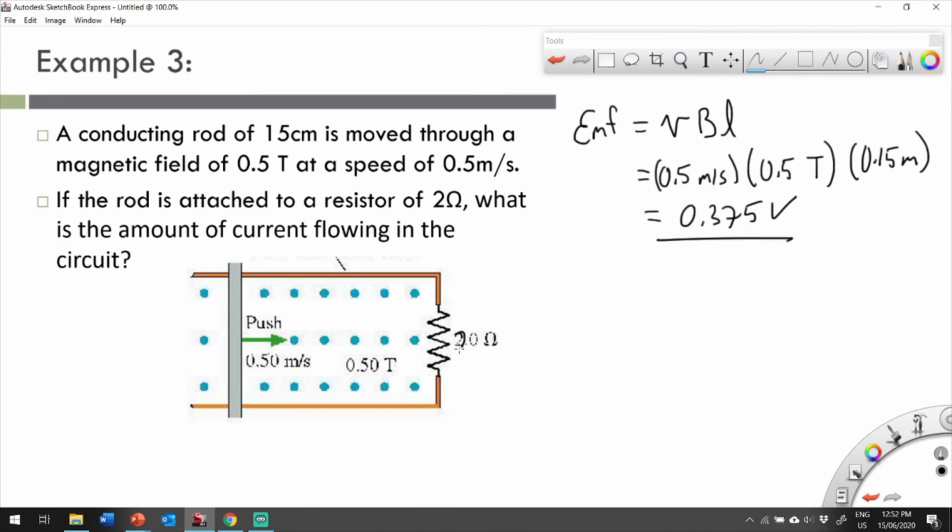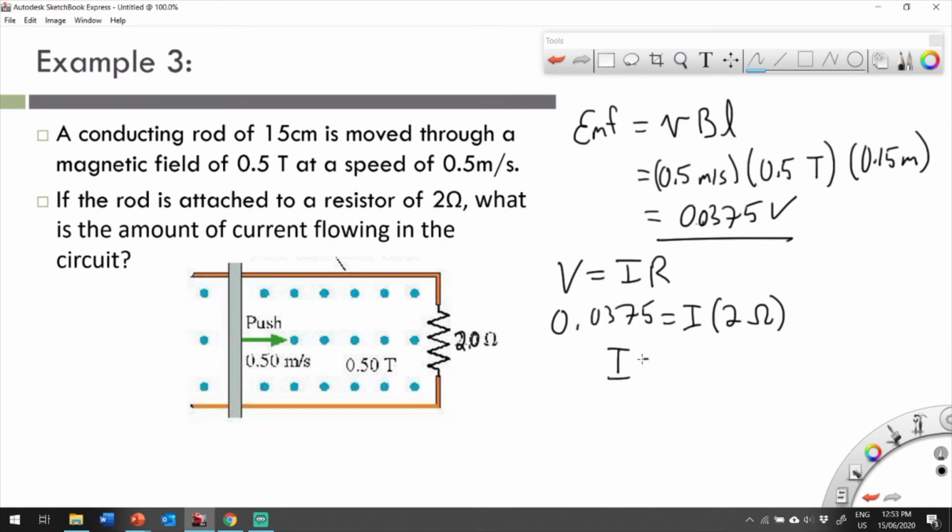We then attach it to a 2 ohm resistor. So we have a 2 ohm resistor here. And then we can use Ohm's law to figure out how much current we can expect from this particular situation. We have 0.375 volts, we have an unknown current, and then we have a 2 ohm resistor.